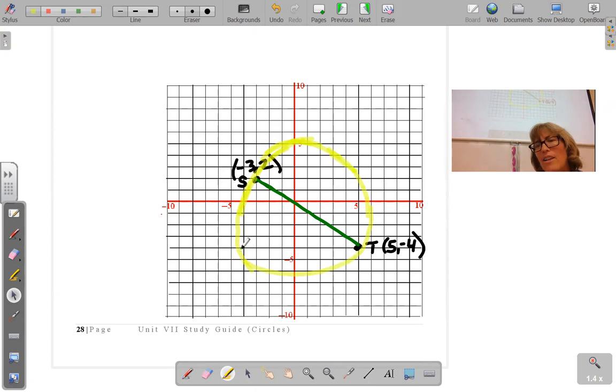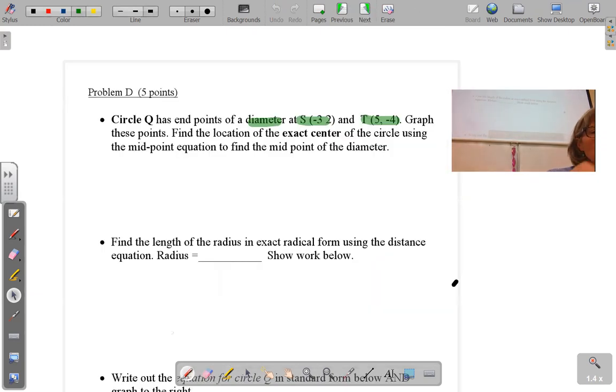Okay, Landon, there's only two things we need for an equation of a circle, a what and a what? Not a diameter. We repeated this in class several times. Think of the equation of a circle.